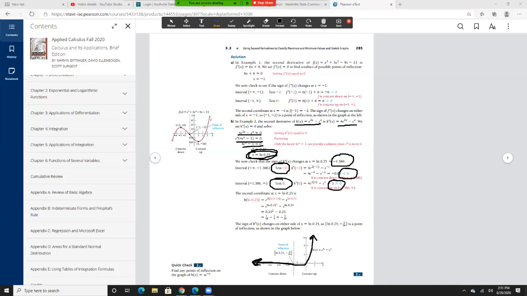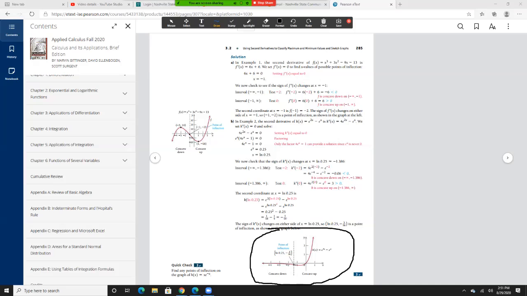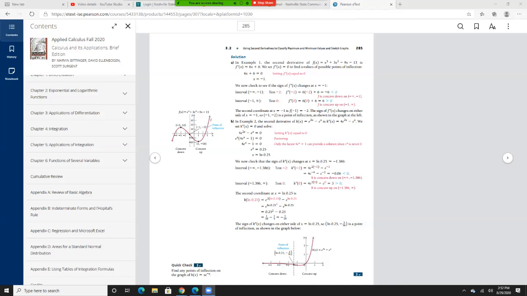In fact, I'm going to take advantage of this mistake that I made on the previous page and say, if the second derivative is equal to 0 at a point, you have found a possible point of inflection. You must test those values on both sides to make sure that it changes concavity. I assumed that it did not change concavity, and actually it does. So setting the second derivative equal to 0 will find potential inflection points. There's no guarantee there. So I'm going to take that mistake, own it, and make it a teaching opportunity.